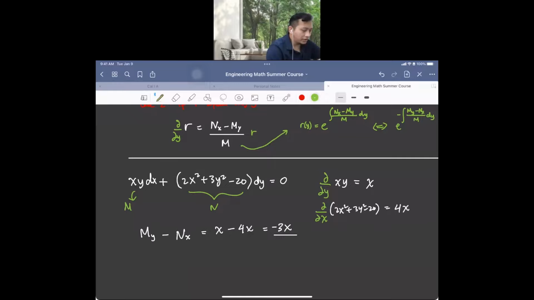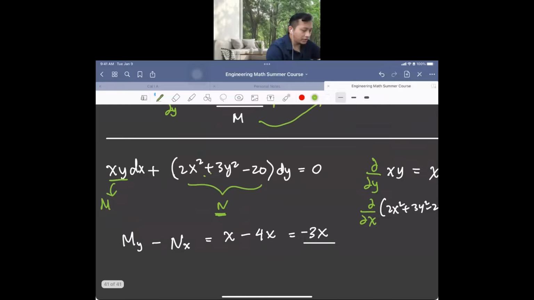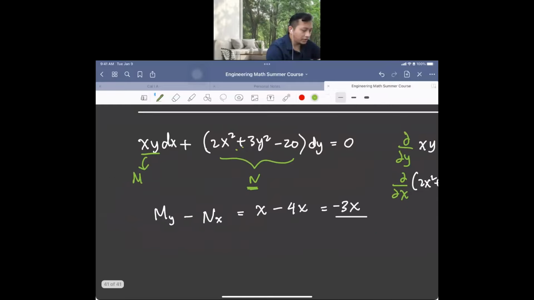Now I think it's easy to observe that m is simpler. If you compare with n, it has a plus, and then it's not easy to divide, right? So this is going to be divided by m, which is xy.